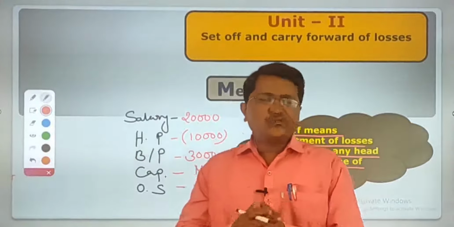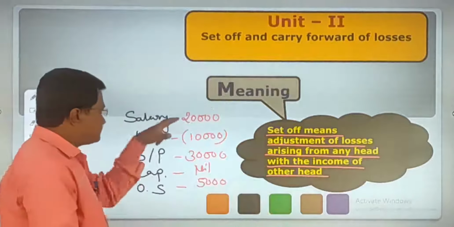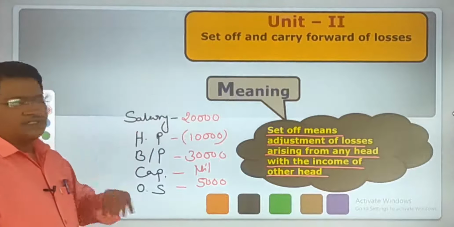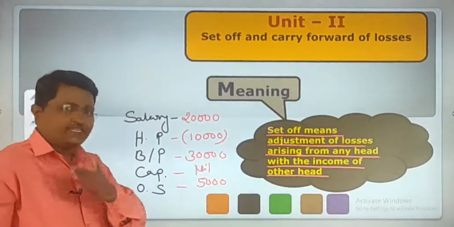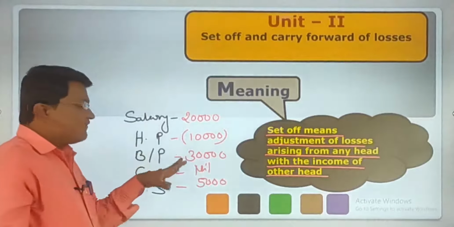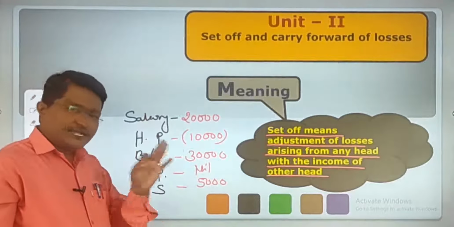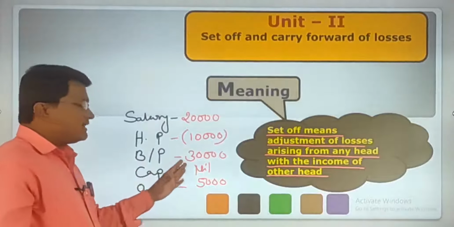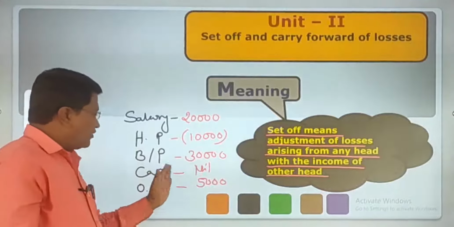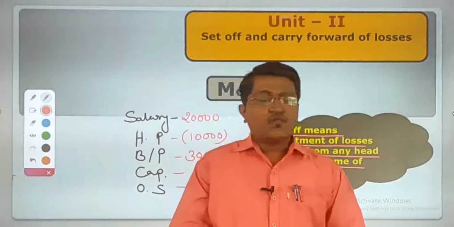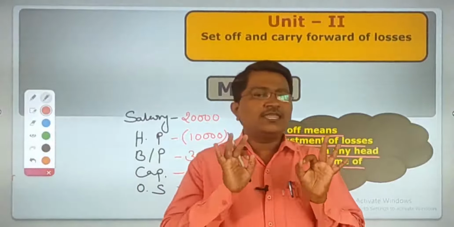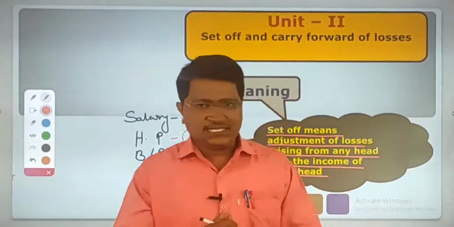Now in this situation what happened? Income from salary is 20,000, loss from house property is 10,000, income from business and profession is 30,000, capital gain is nil, and income from other sources 5,000. Now what's the total income of this assessee?